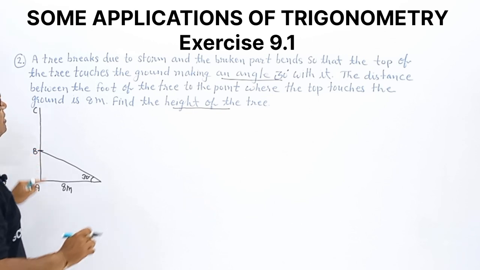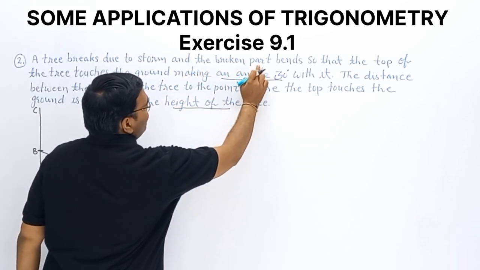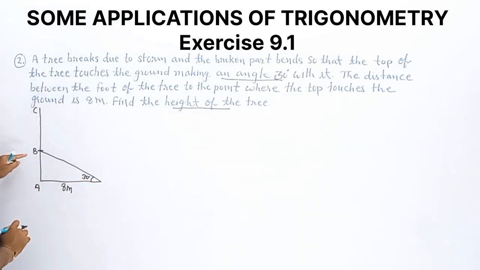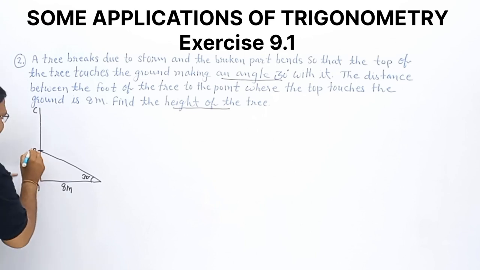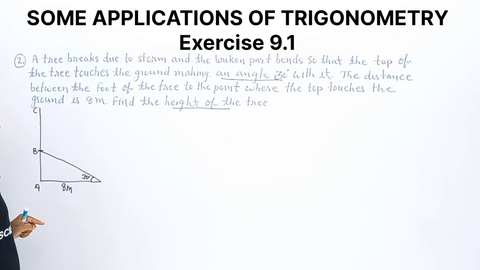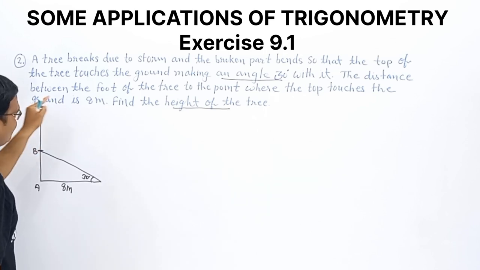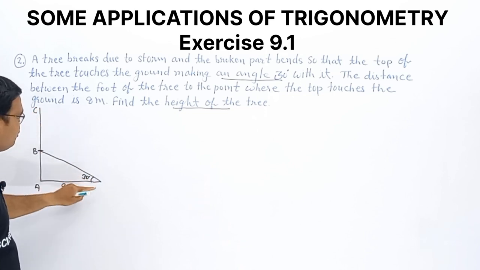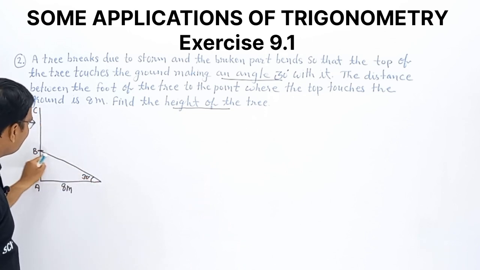And then what is happening? The broken part bends. We have tree AC. It breaks from B, and the broken part is BC. This broken part bends and its top touches the ground with an angle of 30 degrees.